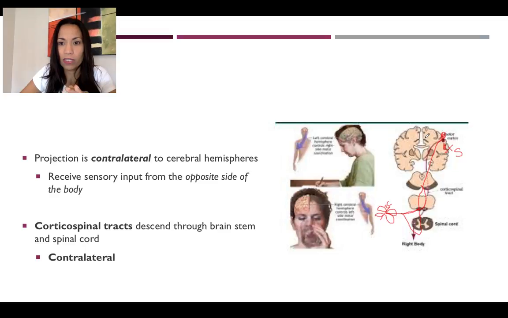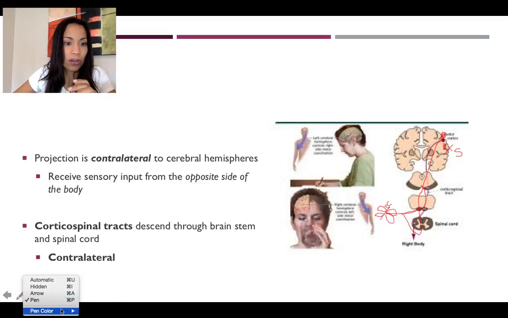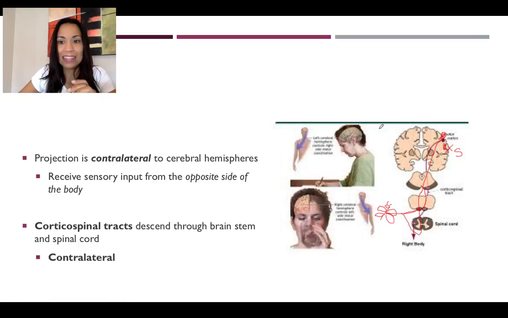On the other hand, the motor commands begin in the premotor cortex of the frontal lobe. Motor commands initiated here descend on the same side of the cerebrum, but again at the medulla oblongata, which is one part of the brainstem, they go to the opposite side.